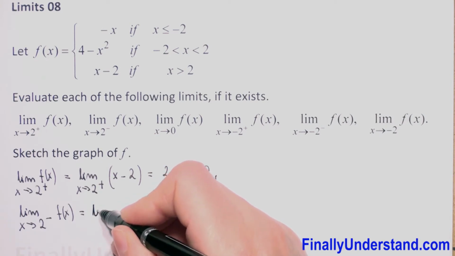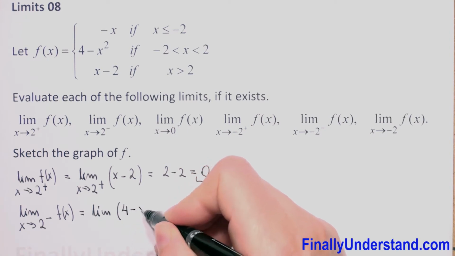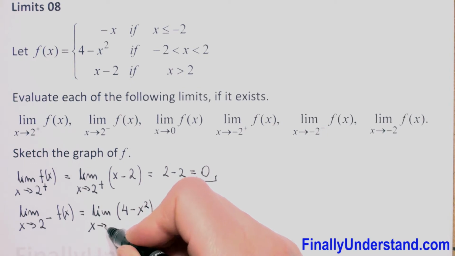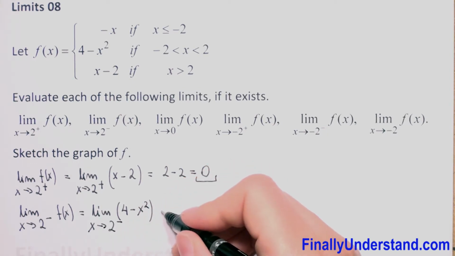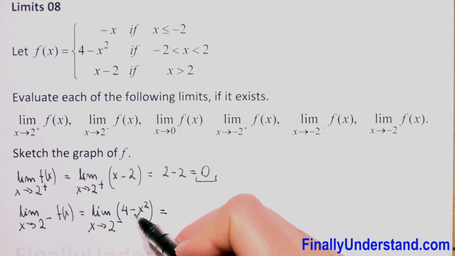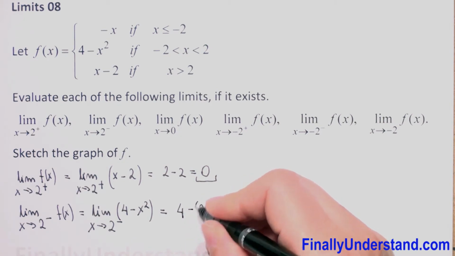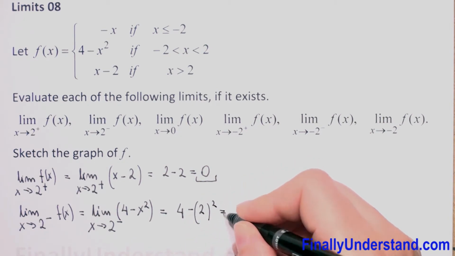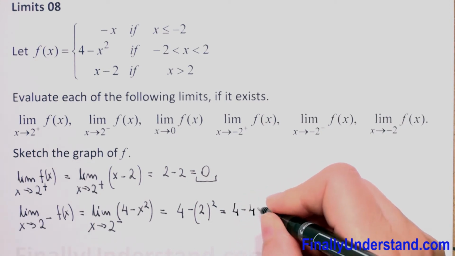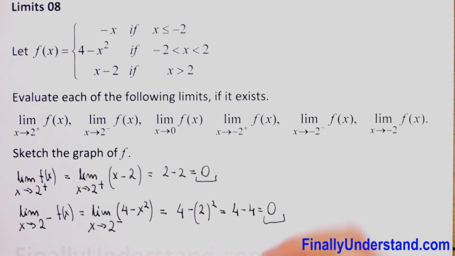So we will replace f(x) by 4 minus x squared as x approaches 2 from the left. Because we have power and subtraction, we can replace x by 2, so it will be 4 minus 2 to the second power. This is equal to 4 minus 4, so this is equal to 0. So we have the second limit.